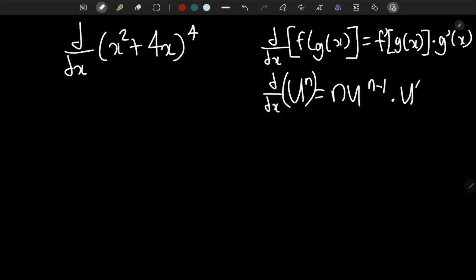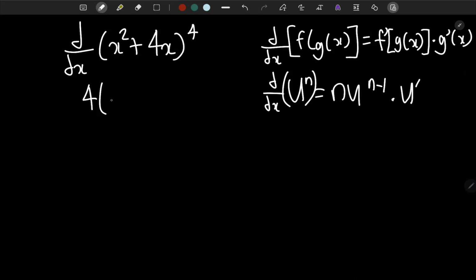So in this example, let's use the second formula, as that is the one we can use for this one. So we will bring 4 down, which is n, 4 times u, which is going to stay the same, x squared plus 4x, and now this is going to be to the power of 4 minus 1, 3, times the derivative of the inside part, which is u.